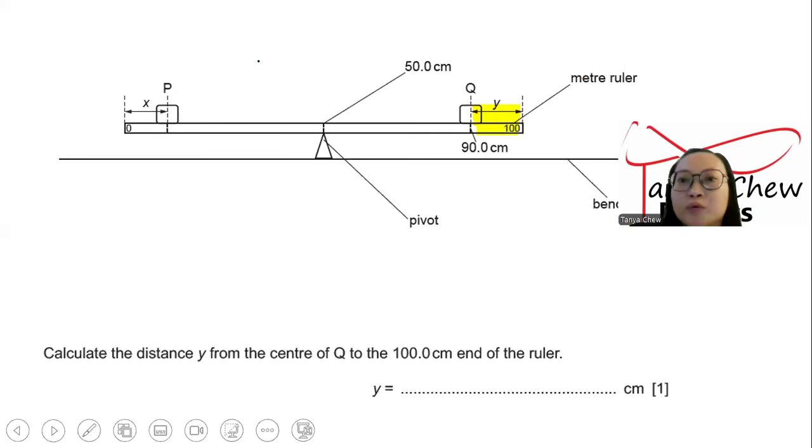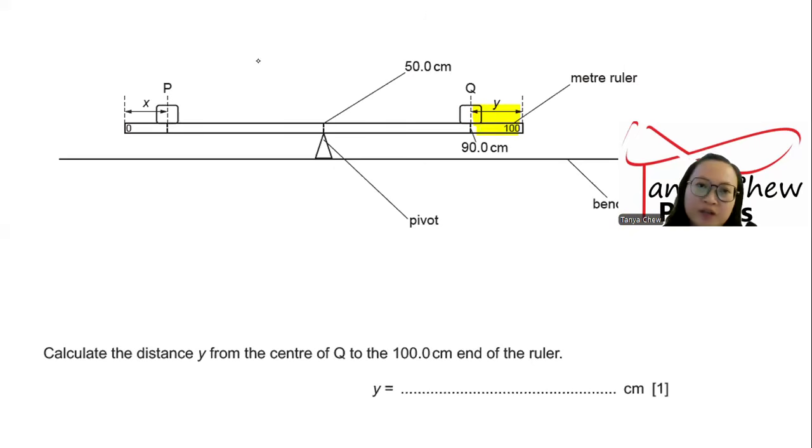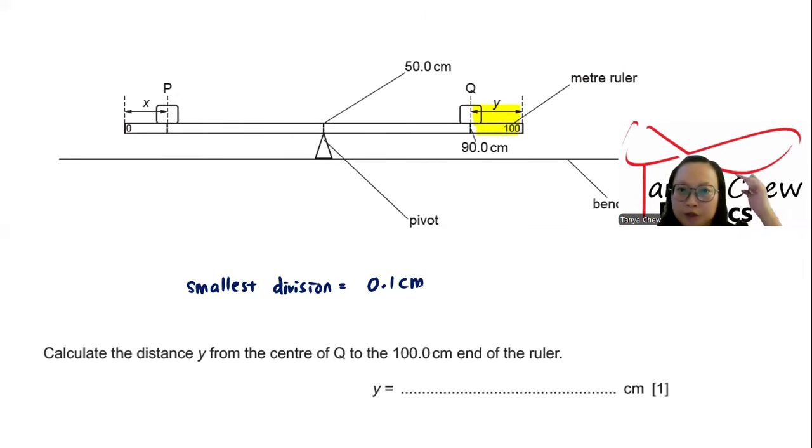So this is a meter ruler. A meter ruler is the same as your cm ruler. What is the smallest division on your cm ruler? You can look at the ruler right now. The smallest division is 0.1 cm. So I write that down. Smallest division is equal to 0.1 cm. So bear that in mind.